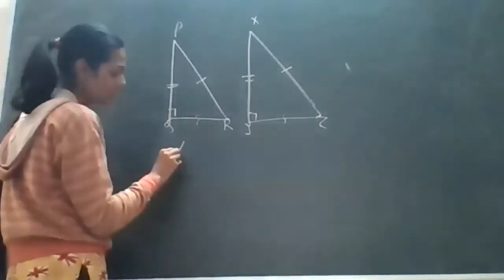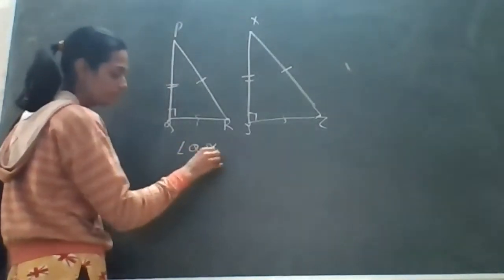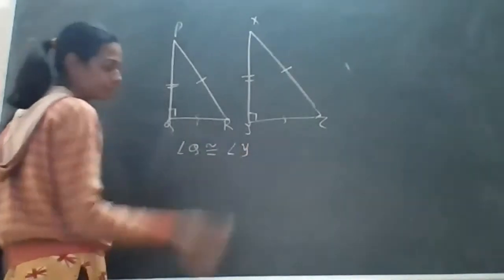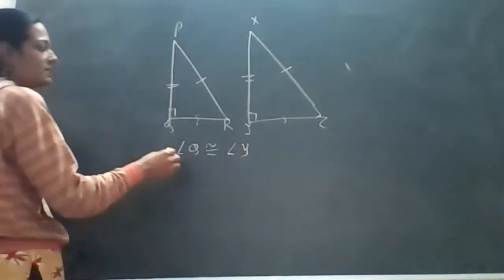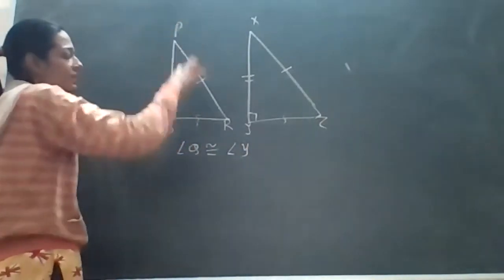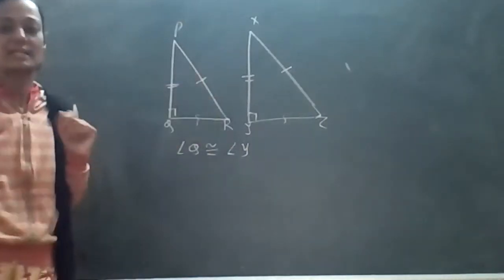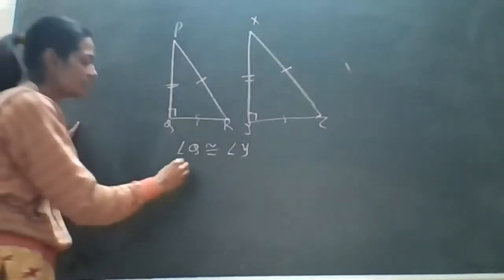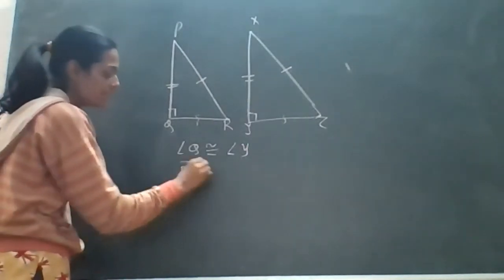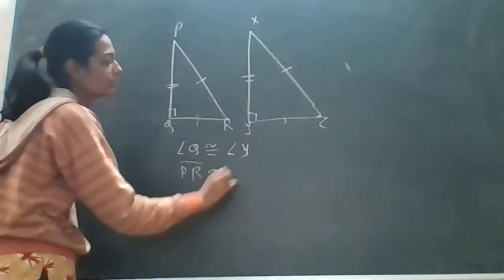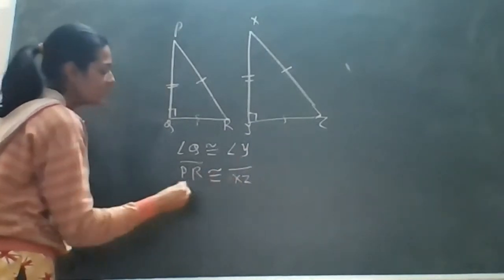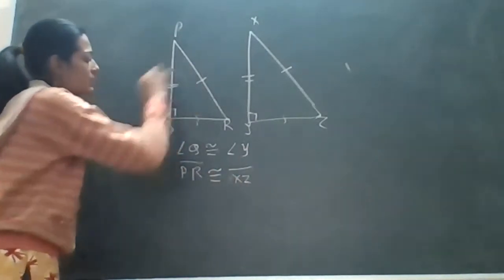Right angle is angle Q. So angle Q is equivalent to angle Y. Secondly, hypotenuse, right? So hypotenuse is here. Side opposite to the right angle is called a hypotenuse. So here we can consider that PR is congruent to XZ, and here one of the side is PQ.